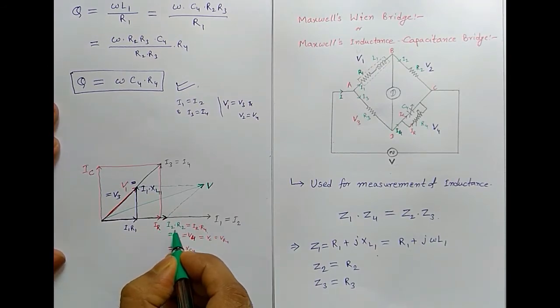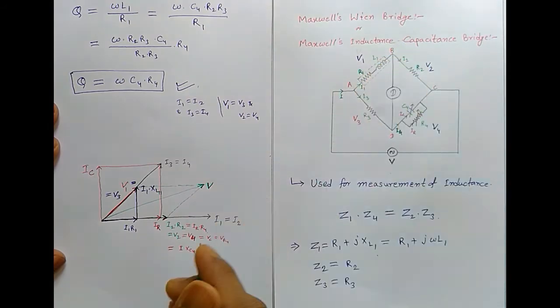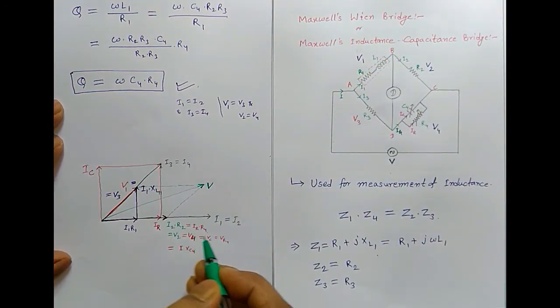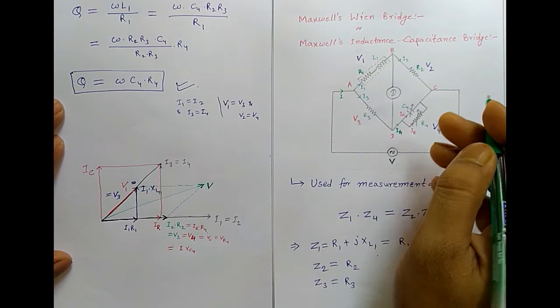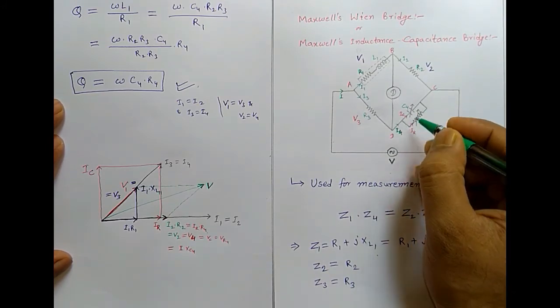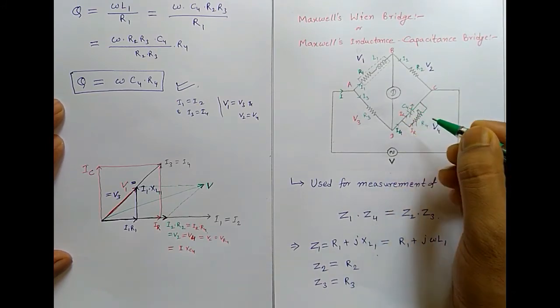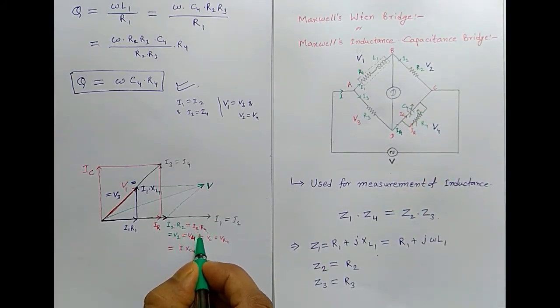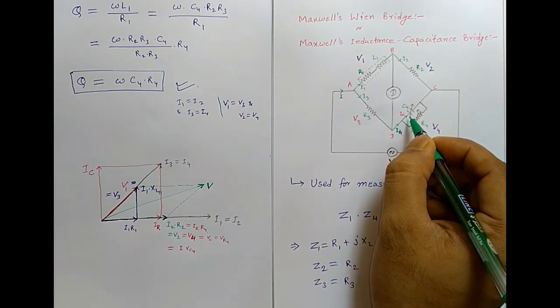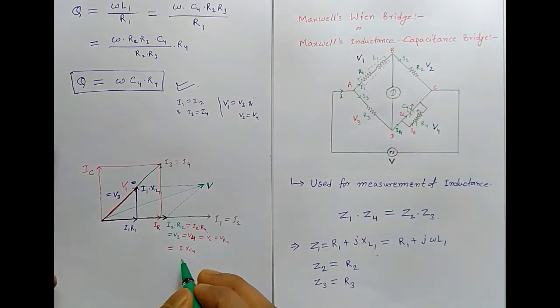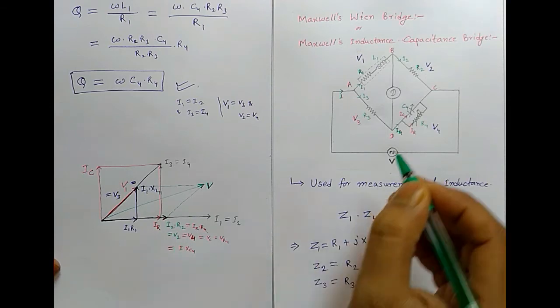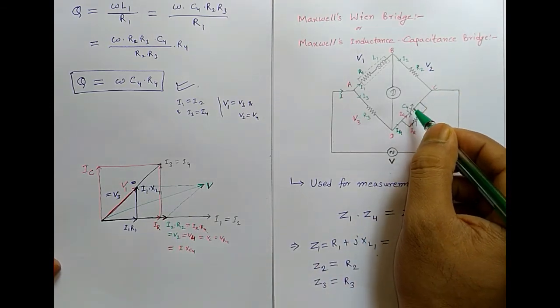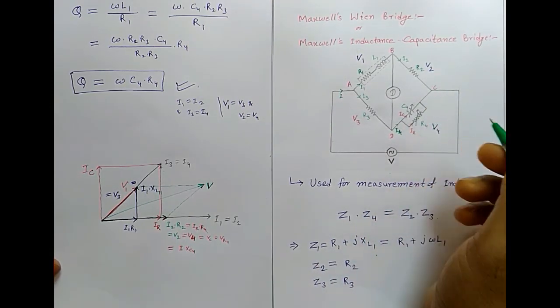So this I2 into R2 gives us the voltage V2, which also equals V4, which also equals the voltage drop across this resistor and across this capacitor. That is, I2 into R2 equals IR into R4 equals I into XC4, and V2 equals V4 equals VC4 equals VR4.